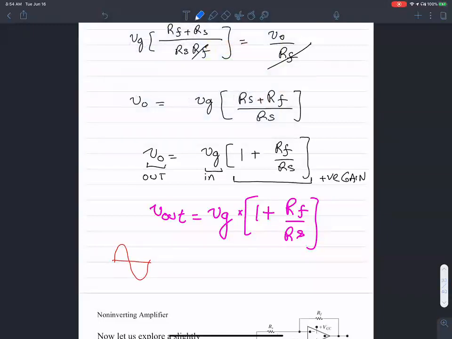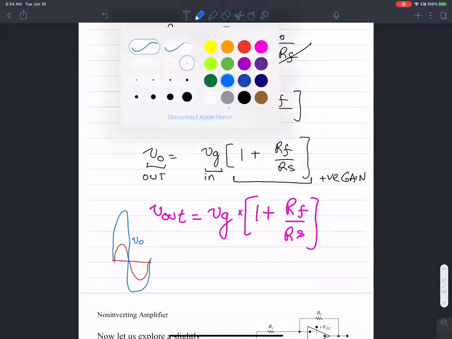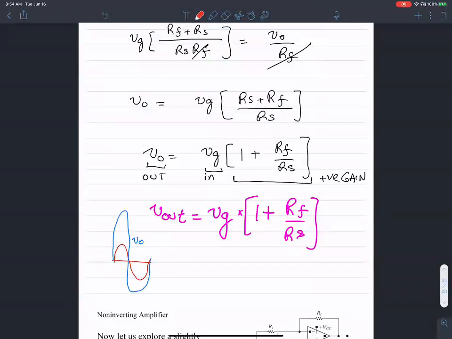The output is going to look like an amplified version, but still in phase with the input. So this is V output. This guy is V input, shown in red, or VG. Does that make sense? So the input is amplified by a gain, which is positive, and then that gives you the output. Questions, please. Questions so far?